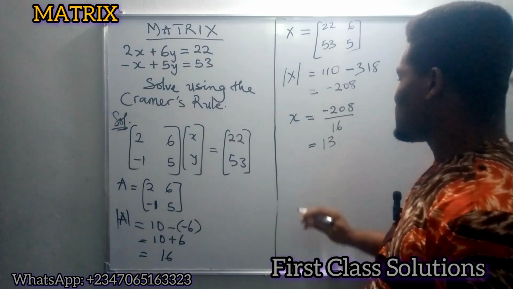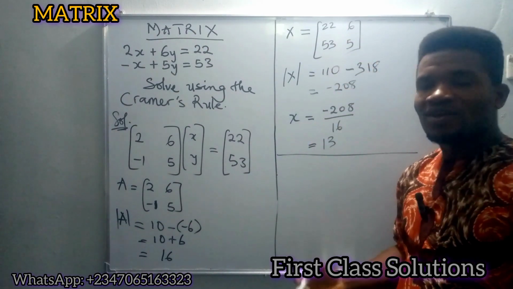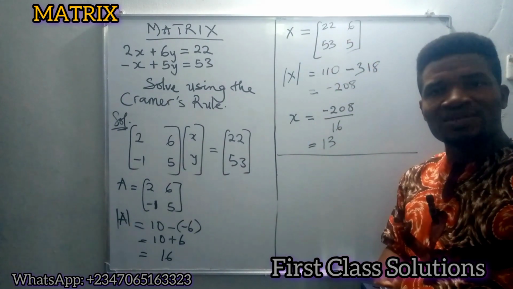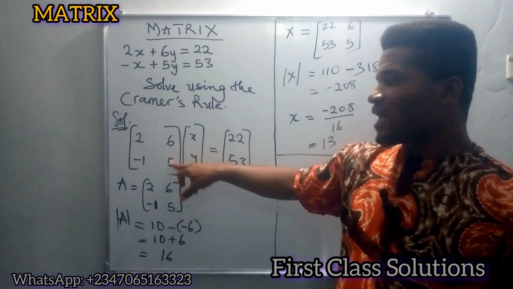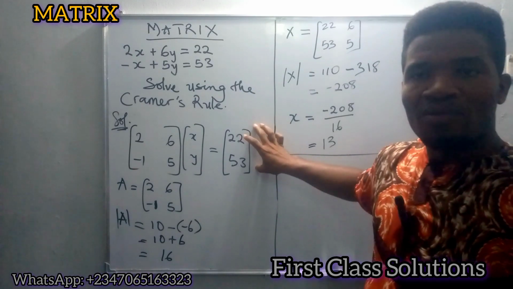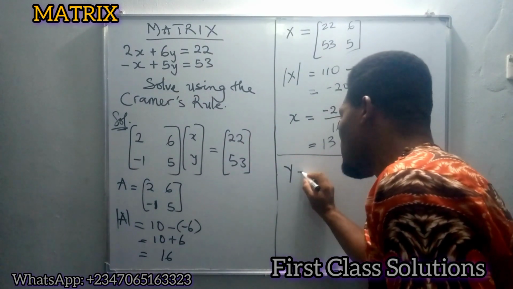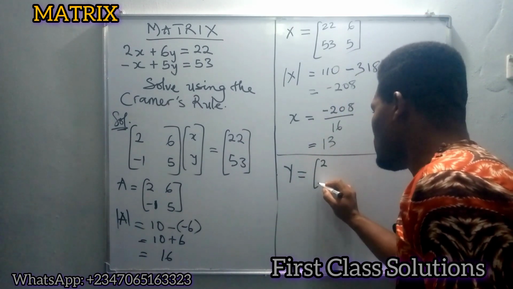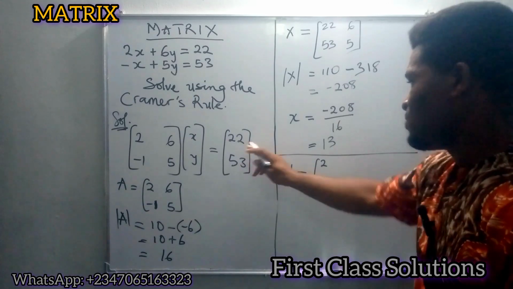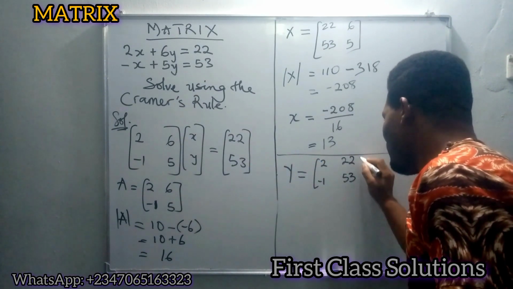To get y, you follow the same steps you used in getting x. You obtain a special matrix, gotten by replacing 6 and 5 with the column of solution values. So let's call that matrix y, equal to 2, minus 1, 22, 53.